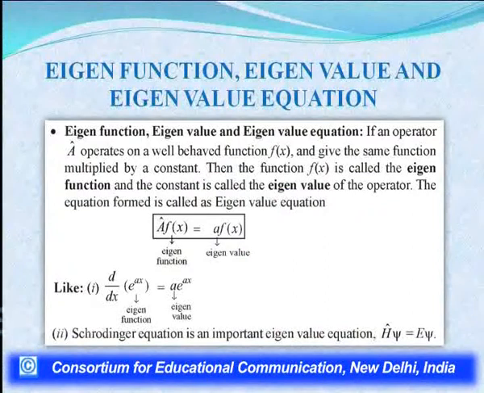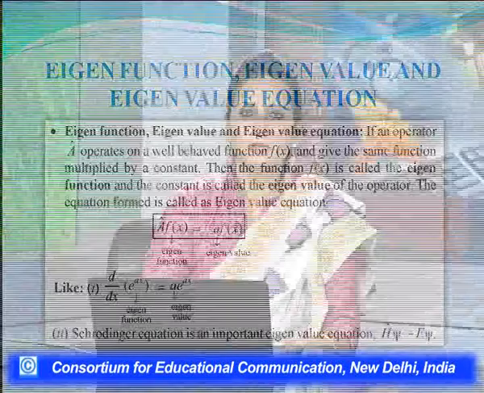So now today first we will discuss what eigen function, eigenvalue and eigenvalue equation are. Suppose we have an operator, A operator. Suppose the A operator operates on an arbitrary function f(x), and on operating this operator on the function f(x), we get a constant value multiplied by the same function.